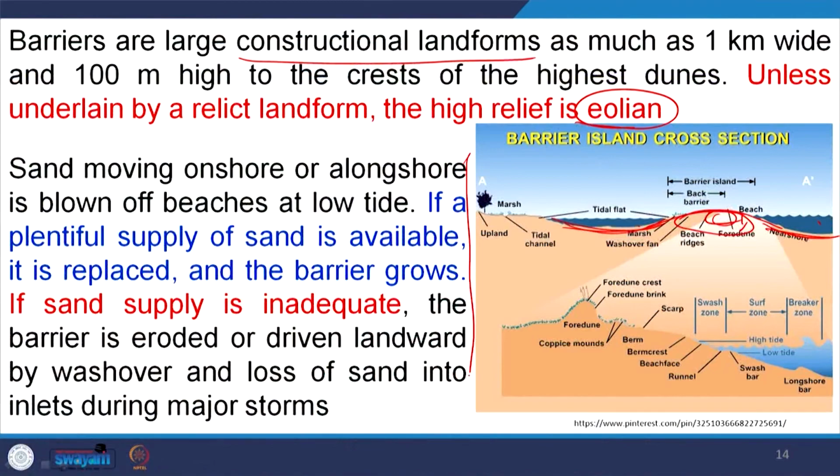Now it is to be understood very clearly that the sand at the beach environment sometimes is inundated, covered by high tide, and sometimes exposed due to low tide. During low tide these aeolian actions are very prominent, so this sand will migrate from one place to another.